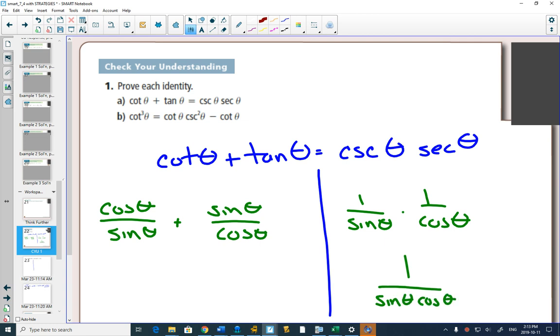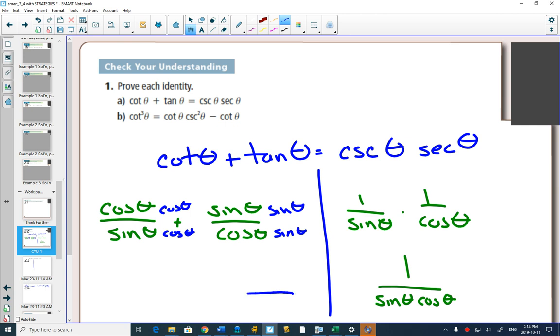Single fraction. Done. The left-hand side, I'm adding 2 fractions. How do I add fractions? I need a common denominator. So I will multiply the first one by cos theta over cos theta, the second one by sine theta over sine theta.